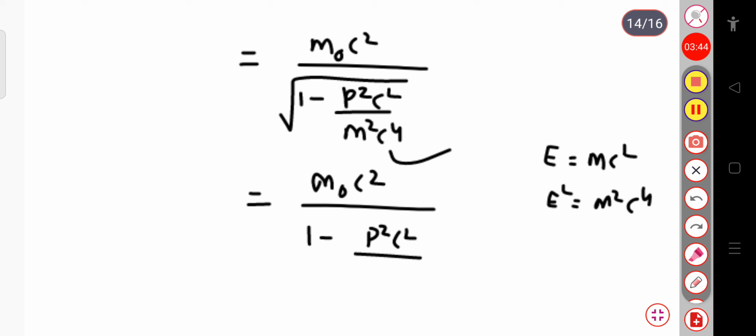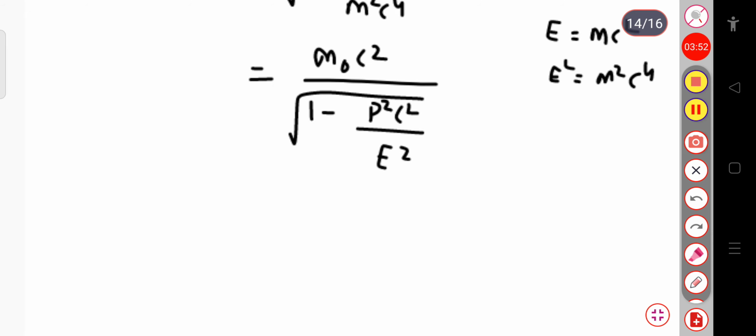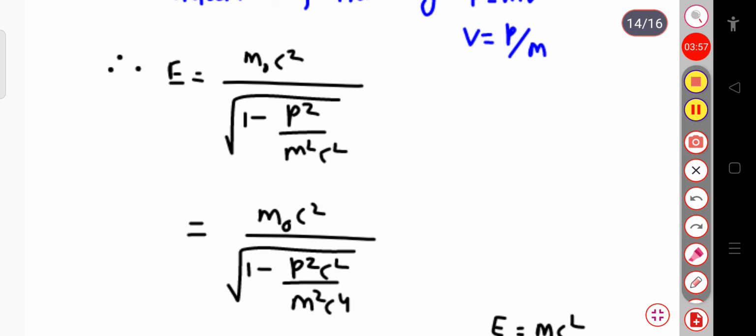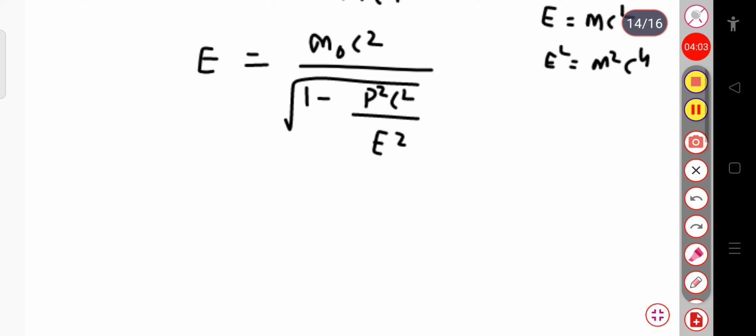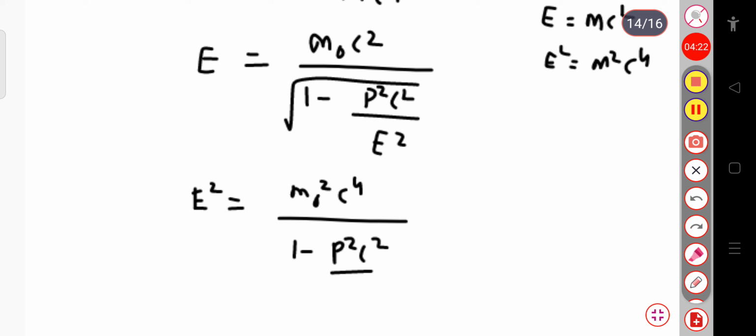So in place of m square c power 4 we write E square, and the whole root. Squaring both sides, E square will be equal to m naught square c power 4 divided by 1 minus p square c square divided by E square.